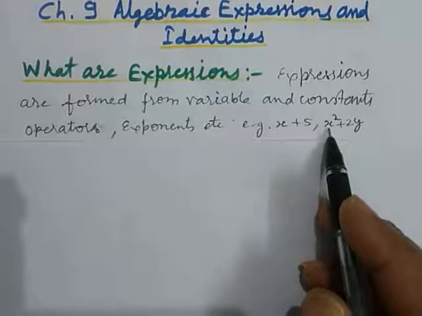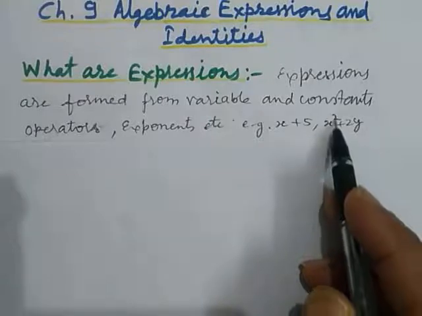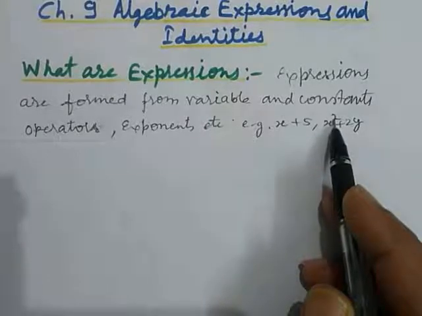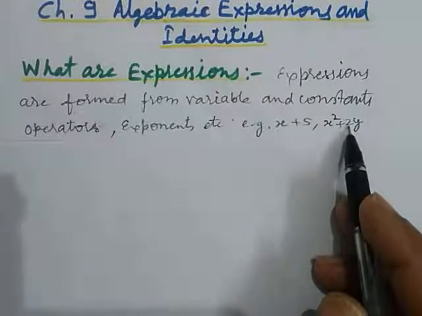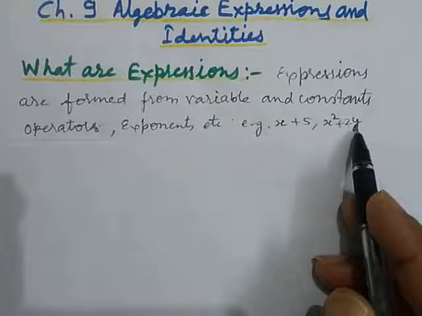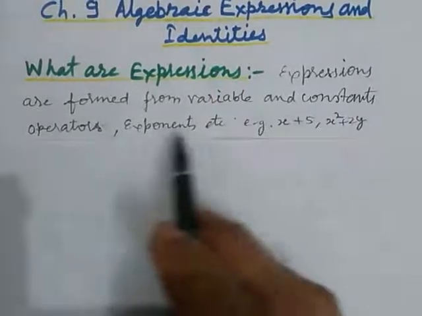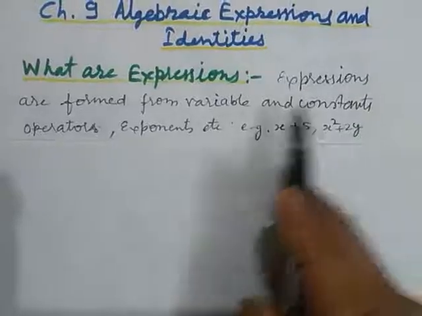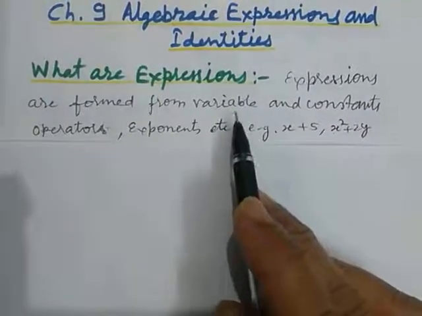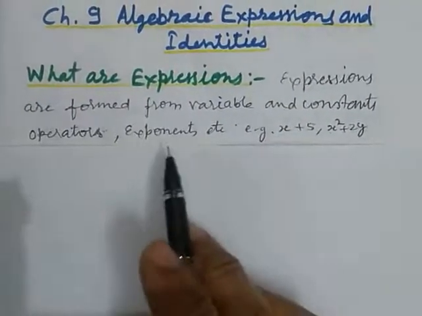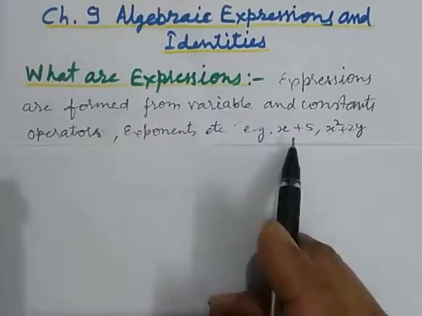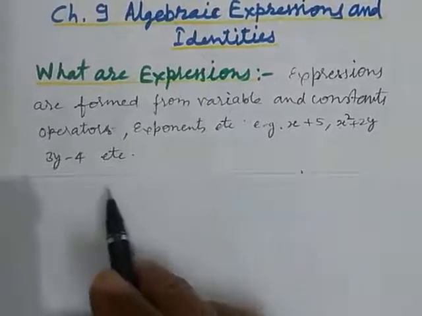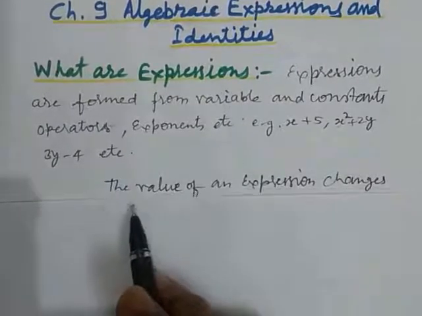In this, x is the variable, this square is the exponent, this plus is the operator, this 2 is a numeral which is a constant, and this y is also a variable. So in this way we can see that expressions are formed by variables, constants, operators and exponents, all combined. So this is the expression.